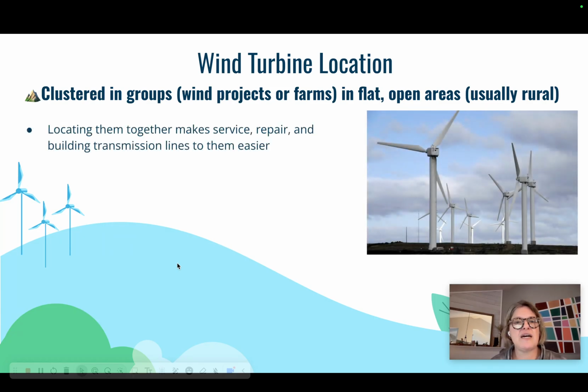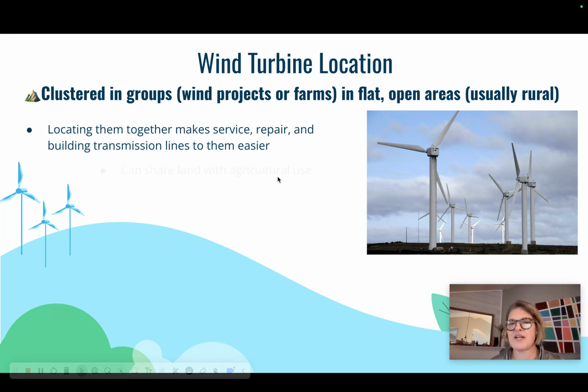Keeping them clustered together makes them easier to service, because you can imagine if there's just one out there by itself, it's not going to be very cost effective to send a crew out to actually do the work to either service them, repair them, or build the transmission lines to collect the electricity.